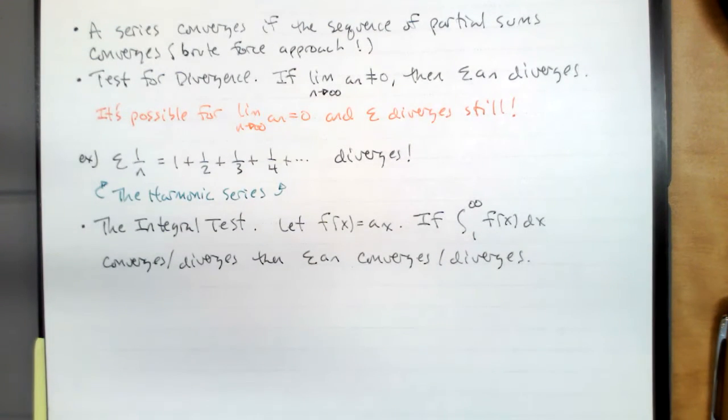We just take the term, make a function, integrate the improper integral from 1 to infinity. If 1 is no good because it's 1 over x minus 1, for example, then just start later. More important part is integrating to infinity. If that improper integral converges, then the series converges. If the improper integral diverges, then the series diverges.